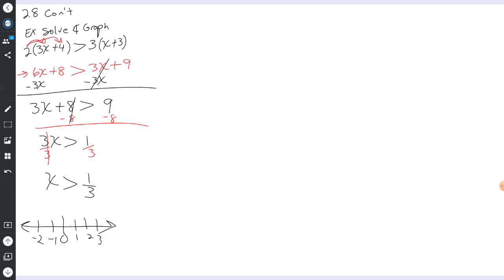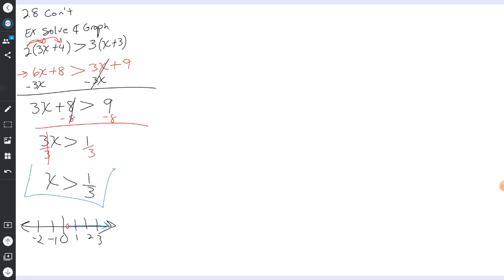That point 3 is a little bit less than half, so it'll be about right there. Or actually, it'll be an open circle there, and then going in the greater direction. So it'll look something like that.